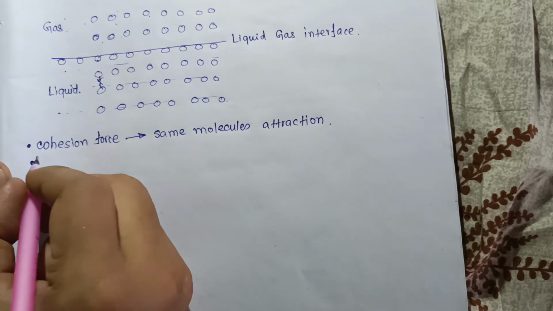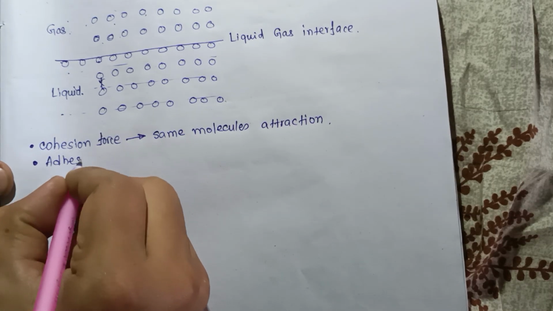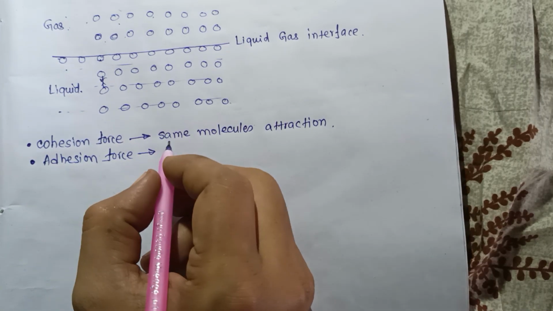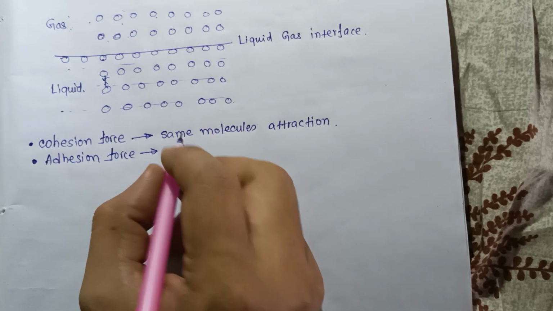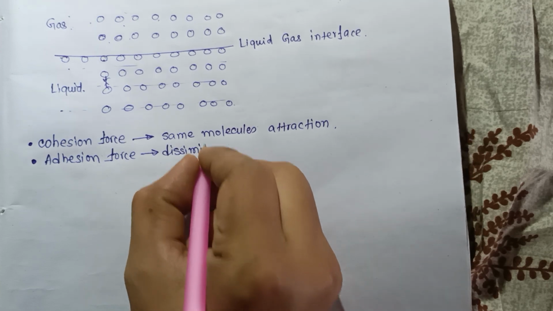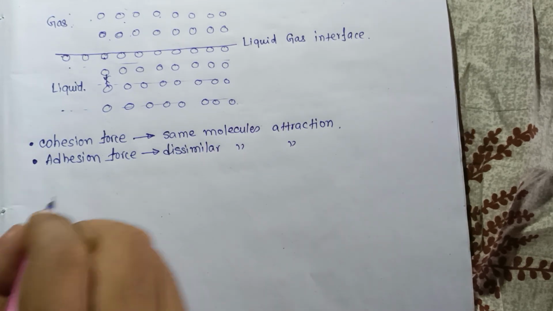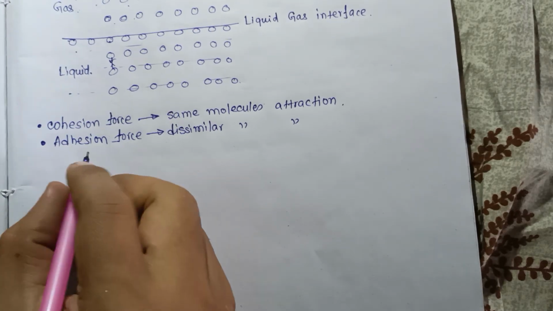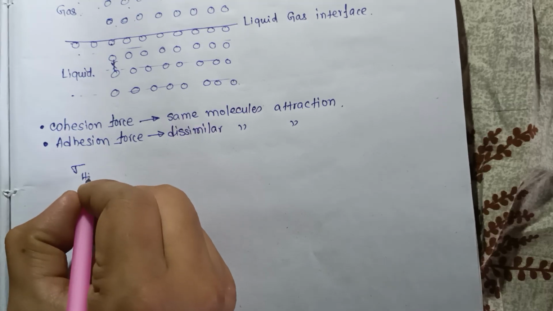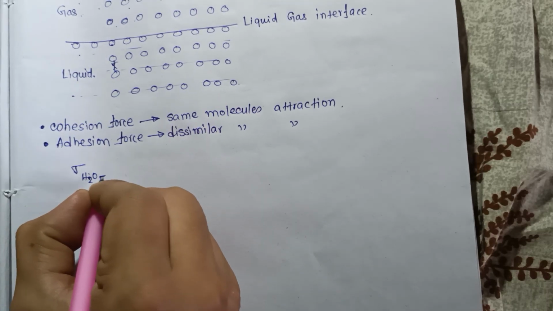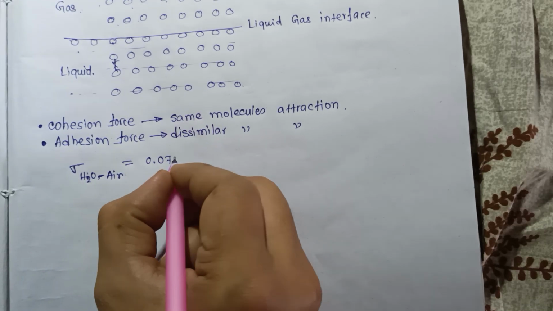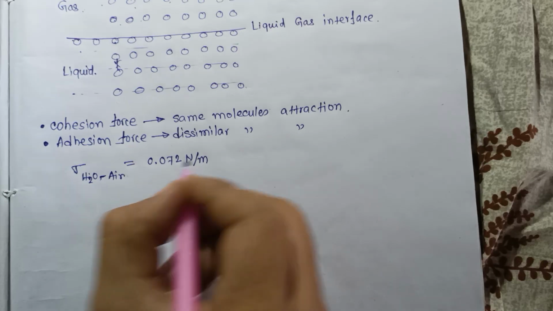And adhesion force means dissimilar molecules' attraction. Dissimilar means different. Remember this data: surface tension, denoted by sigma, for the H2O-air interface is equal to 0.072 Newton per meter.